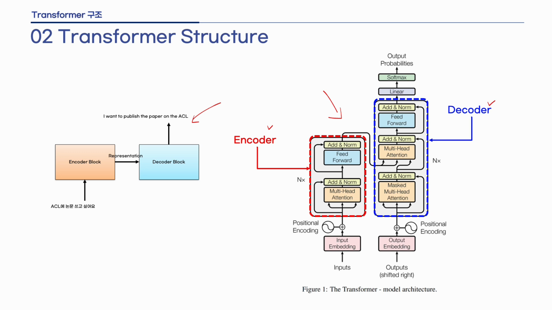Today we're going to study only the encoder. You just need to understand the input of the transformer, the positional encoding and the method of input embedding, as well as multi-head attention with the feed-forward neural network structure. Okay, let's deep dive into this.